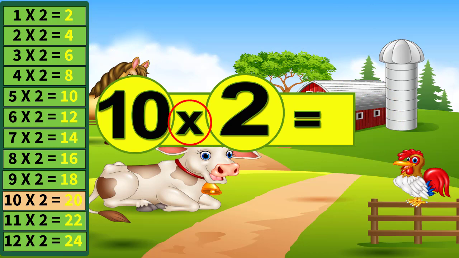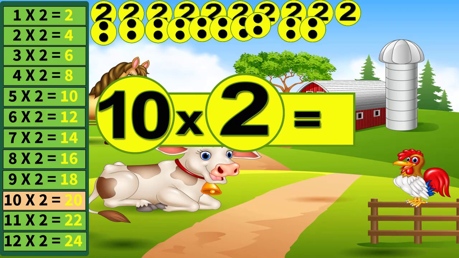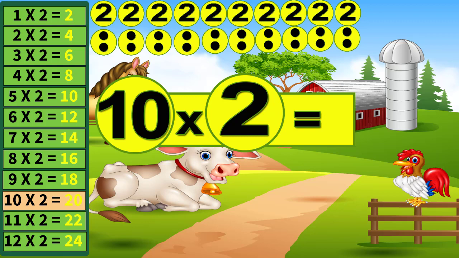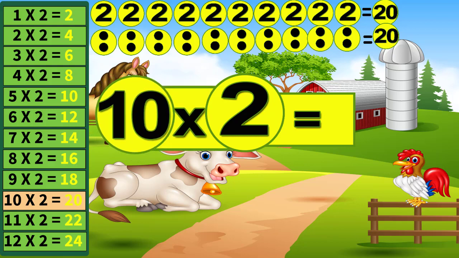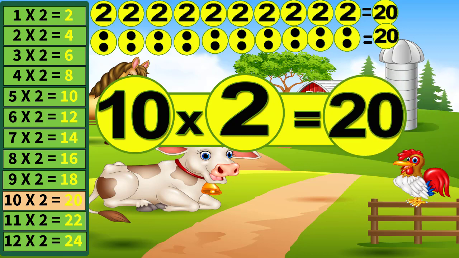Times meaning 10 of. So, we add all the 2's together, and we have 20. So, 10 times 2 equals 20.